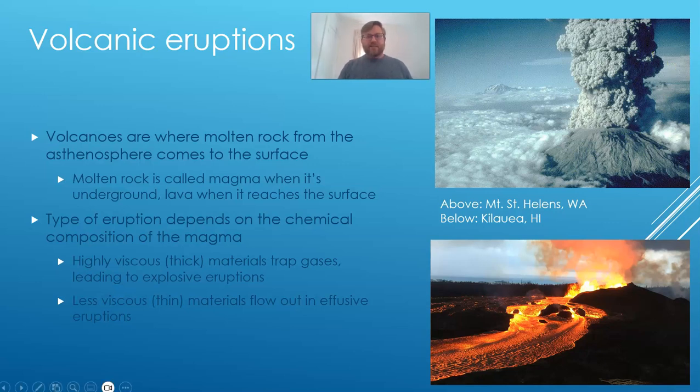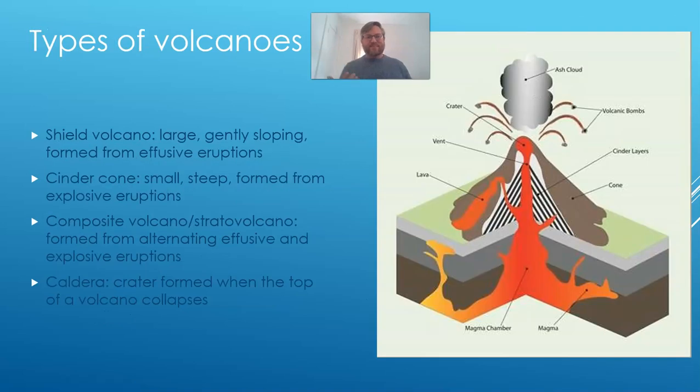And these different types of eruptions give us different types of volcanoes. So if you have a volcano that's doing a lot of effusive eruptions, you can think of that lava, it's very liquid, so it's going to flow out and away from the vent of the volcano, the spot where things are coming out of the earth, very easily.